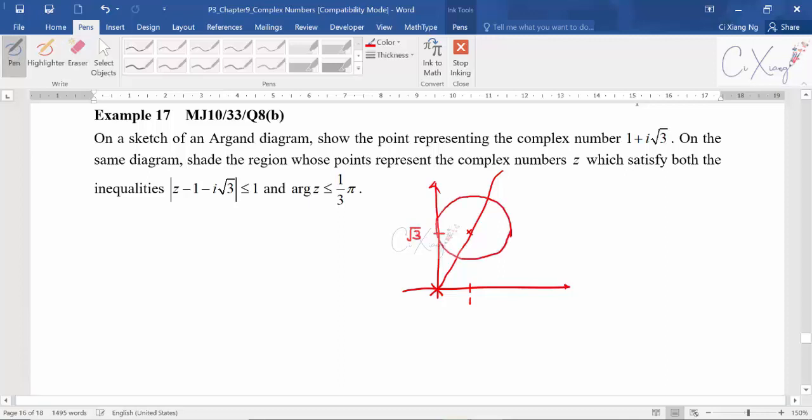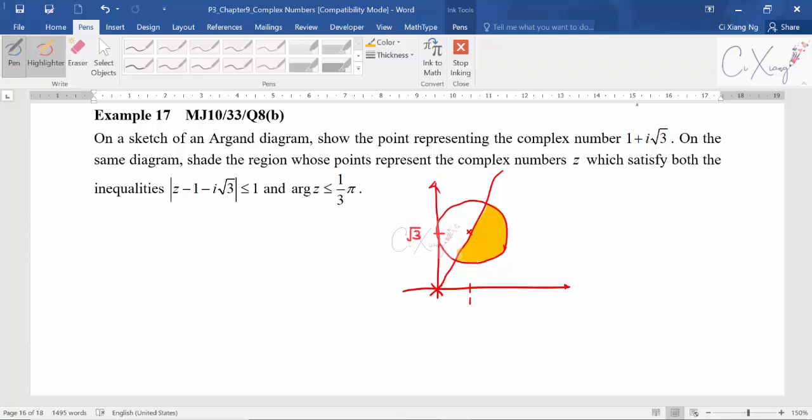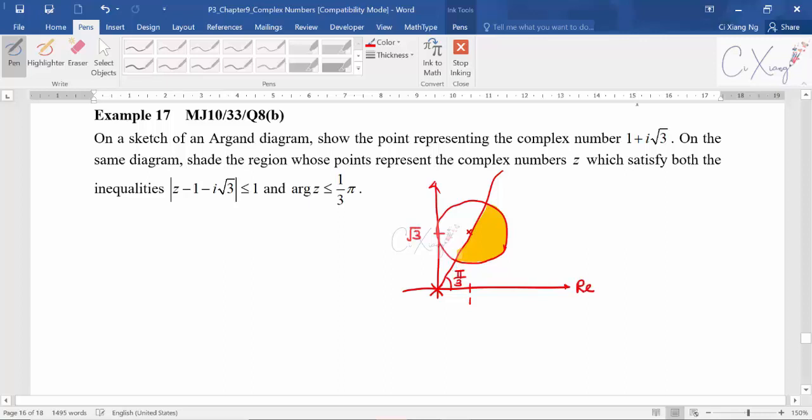Draw again. So the shaded area should be this area. I think for this question, there are not many labels. So this is what we have. I know that it passes through 1 and square root 3 because the angle here is pi over 3. So you try and see whether you can get this as the answer or not.